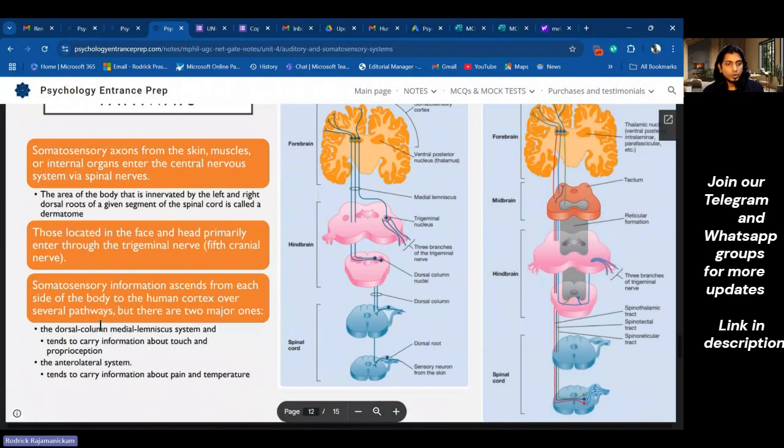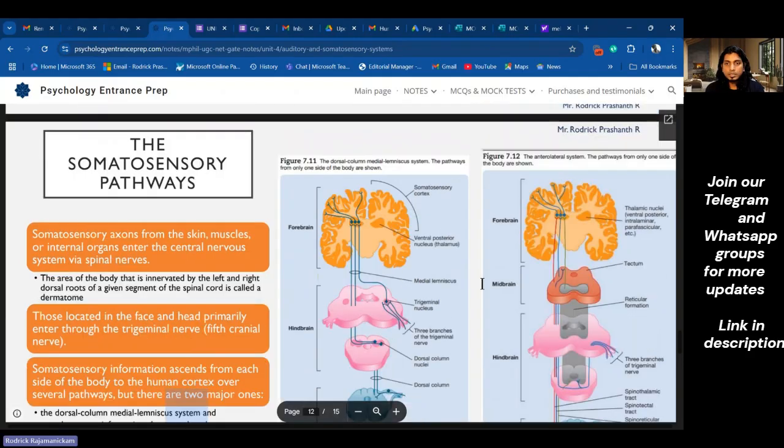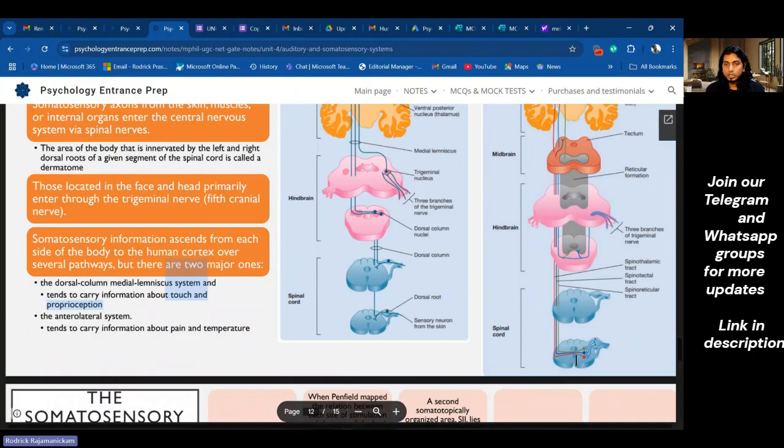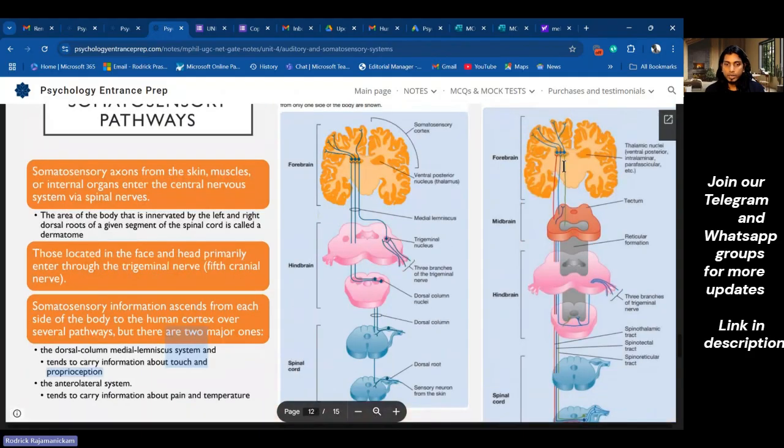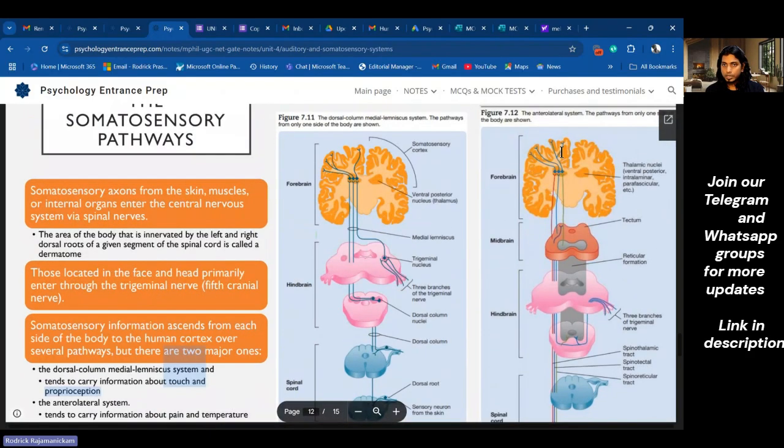Anyway, the anterolateral system carries temperature and pain-related sensations. Then we have the dorsal column medial lemniscus system. It carries touch and proprioception, nothing intense and things like that. So this carries from the spinal cord to your hindbrain and to your somatosensory cortex. It's more anterior and lateral.